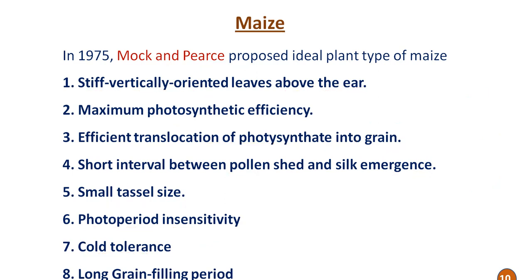As the grain filling period increases, there are chances of a higher yield. So a long grain filling period is preferred over a short one. So these are the different characteristics of the ideal plant type in case of maize.